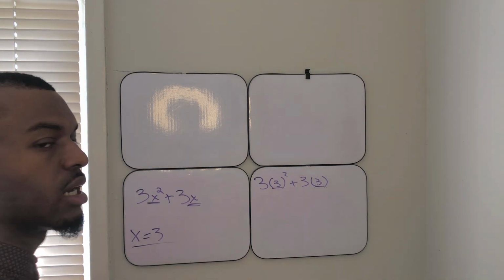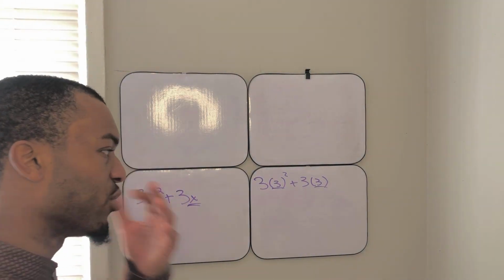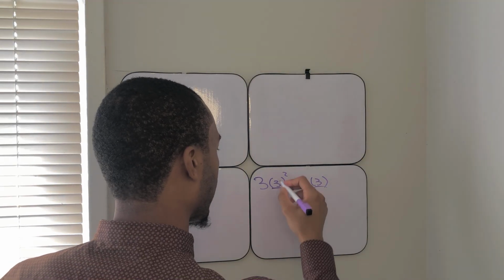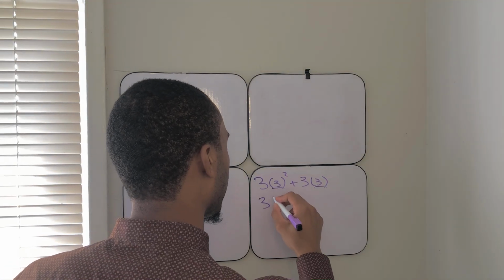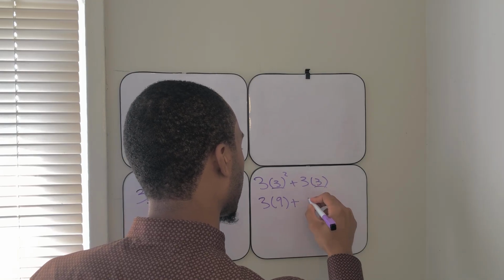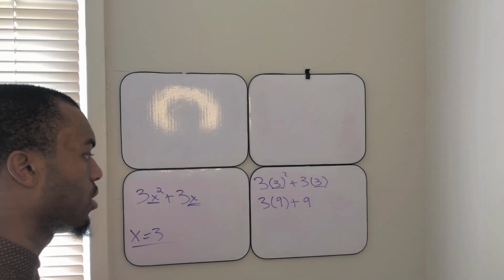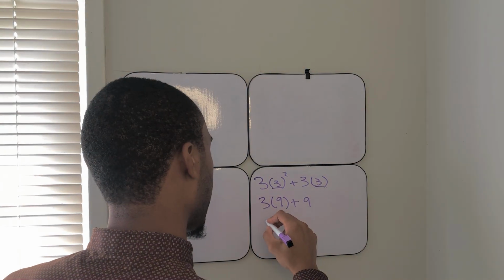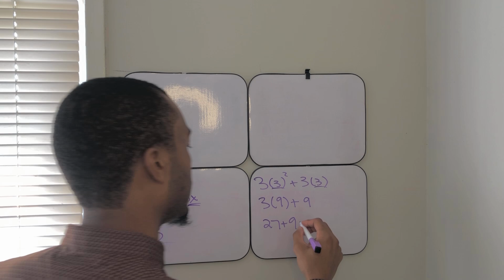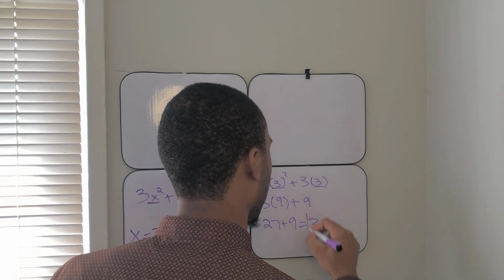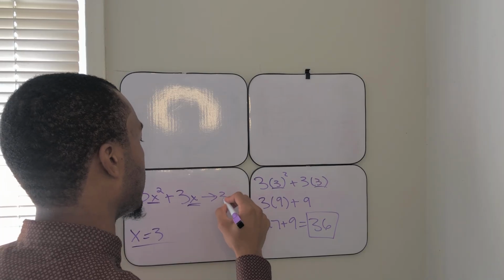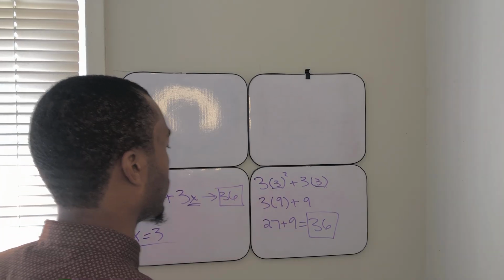Now that we've plugged in all the variables, we can go ahead with the arithmetic. Let's do the exponent first. 3 squared is 9. So we've got 3 times 9, plus 3 times 3, which is also 9. And 3 times 9 is 27, plus 9, that should be 36. So the answer to our original expression is 36.